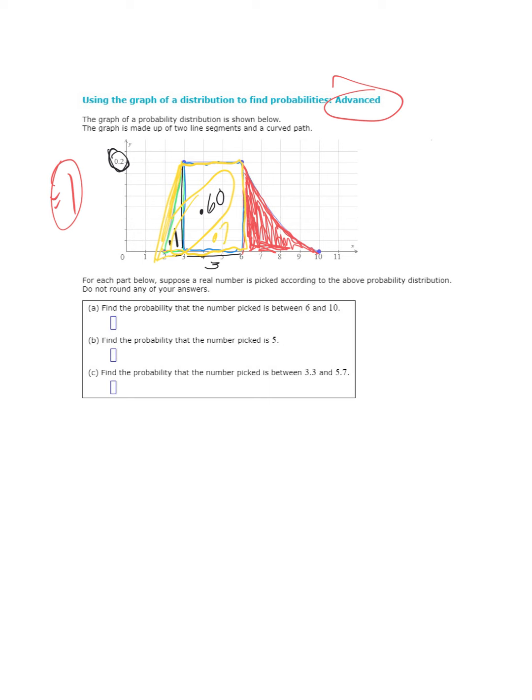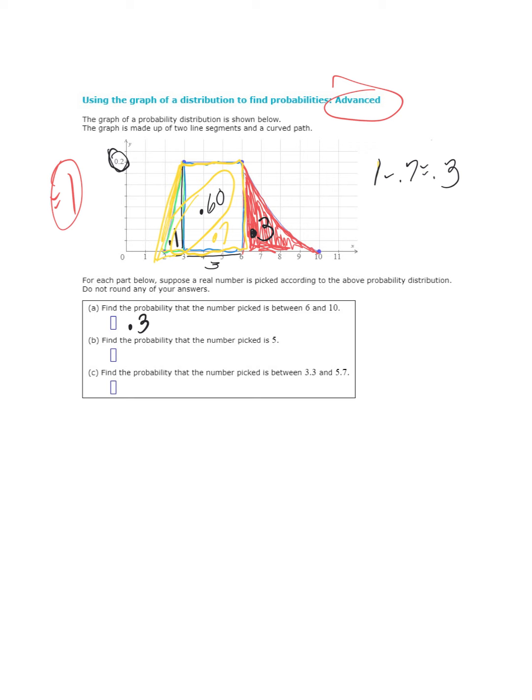That means 1 minus 0.7 is 0.3. So this area right here in red is an area of 0.3. So that's how I would get that area right there.